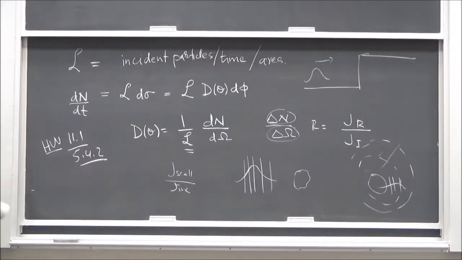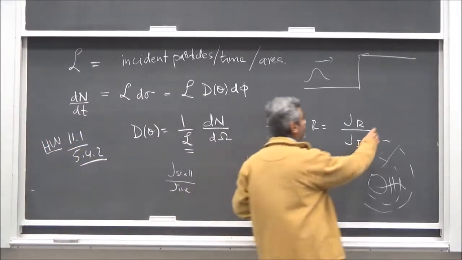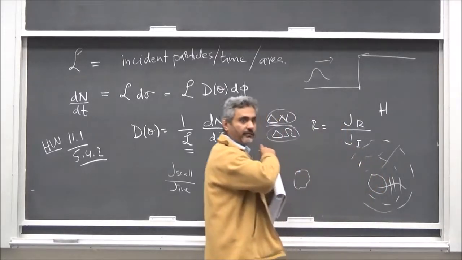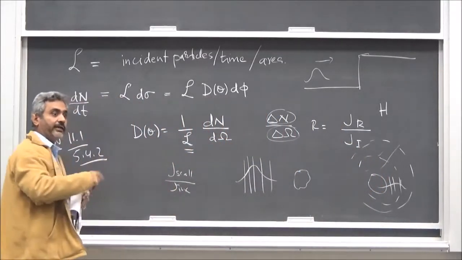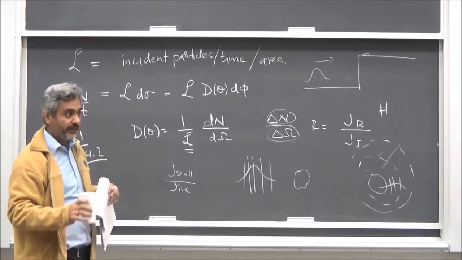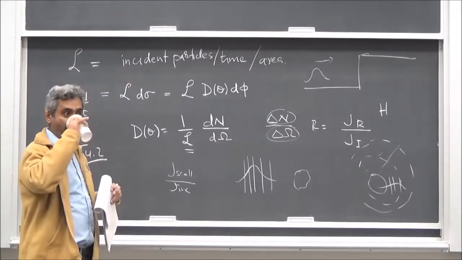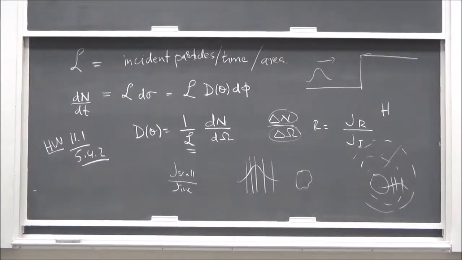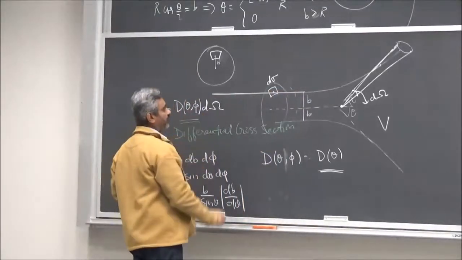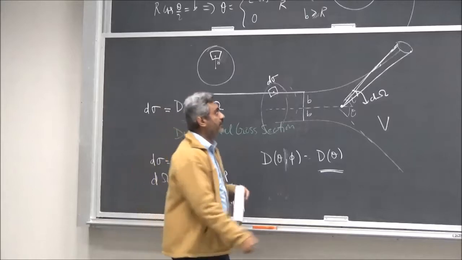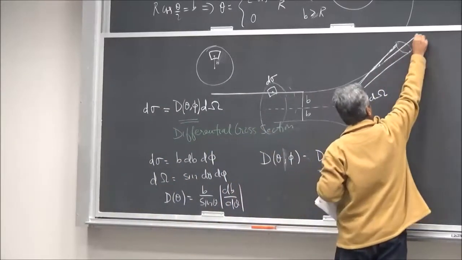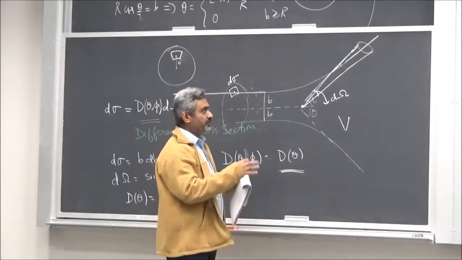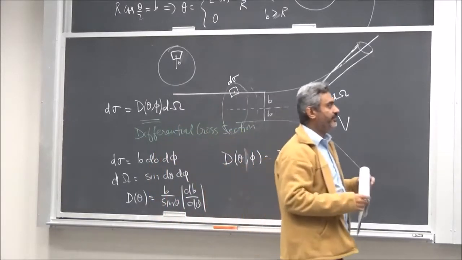So we started with the eigenstates of the Hamiltonian. That's what we're going to do again: not just a wave packet, but eigenstates of the Hamiltonian. And we're going to assume that the particle in this direction is free, and in this direction it's also free.